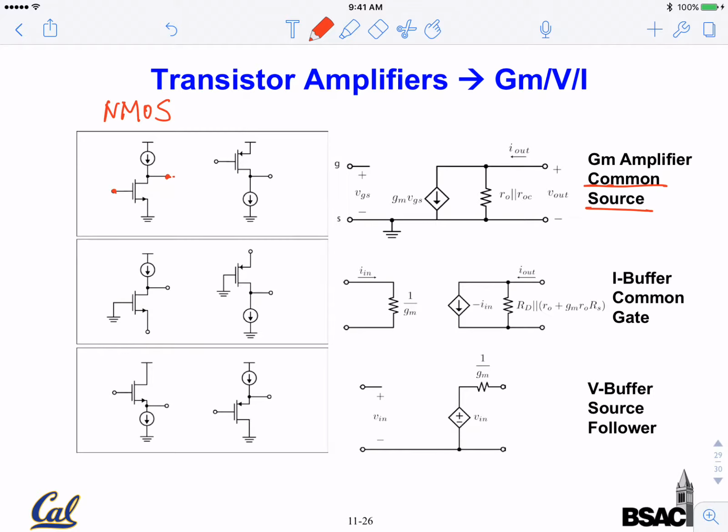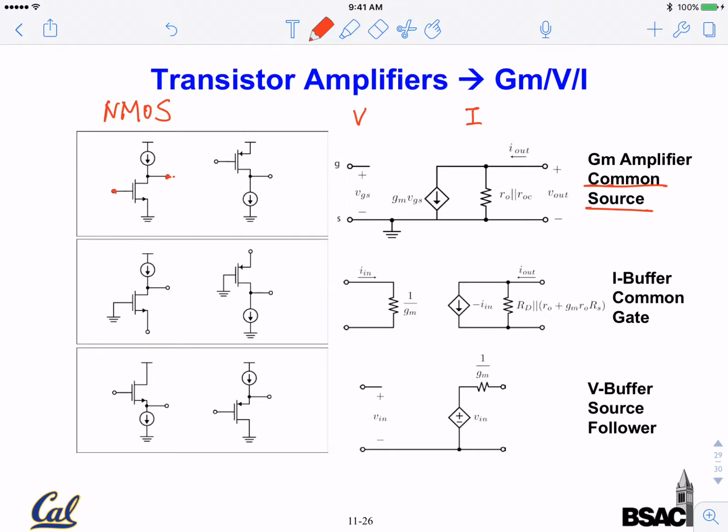The gain here, this is really a transconductance amplifier. It's really the transistor itself, so we use the two-port model. We use the voltage as an input and the current as output for this case.